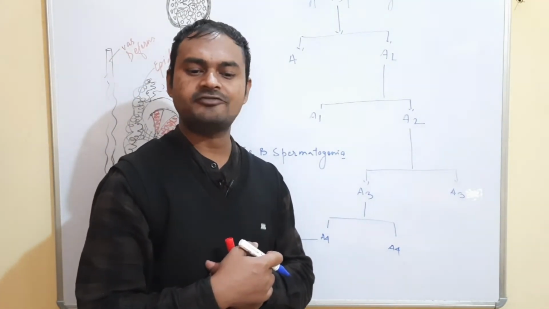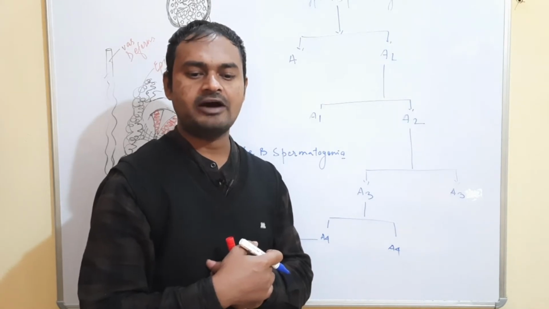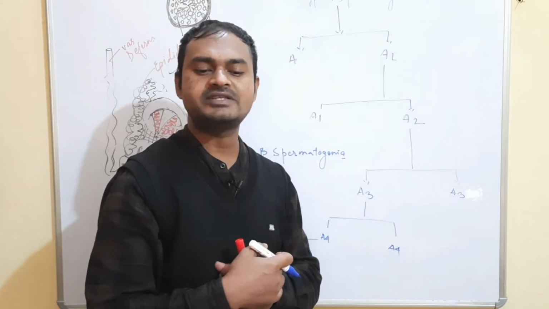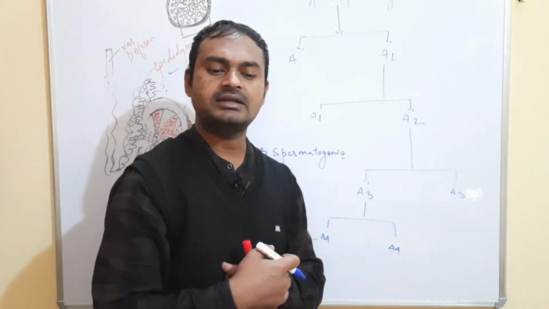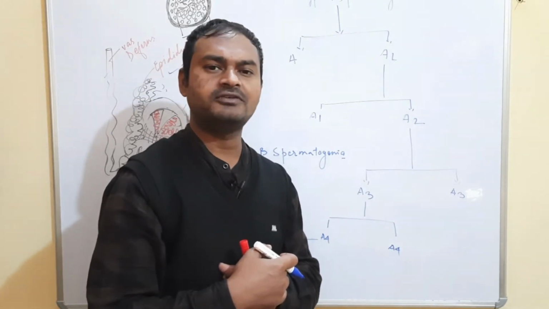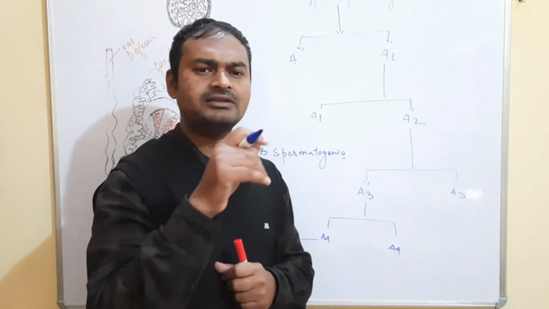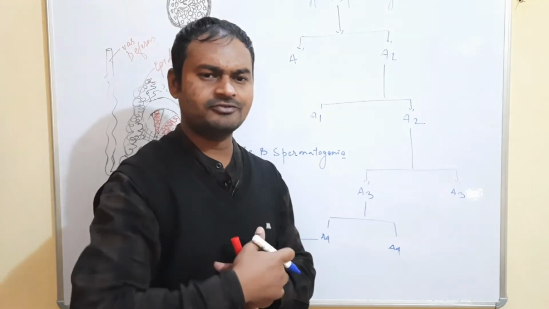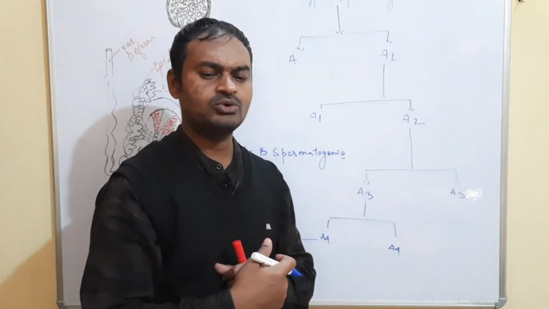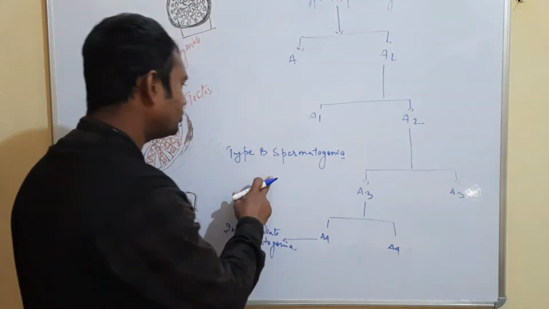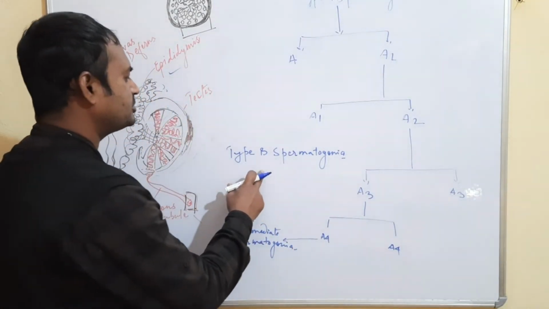Then what will happen after it divides to the type B spermatogonia? Another mitotic division occurs, and that will be the final mitotic division. Thereafter, the cell will undergo the first meiotic division. So what will happen after the type B spermatogonia?